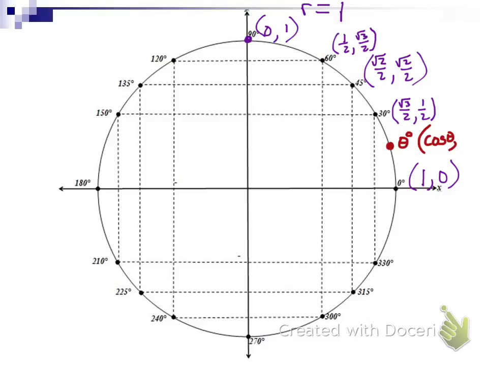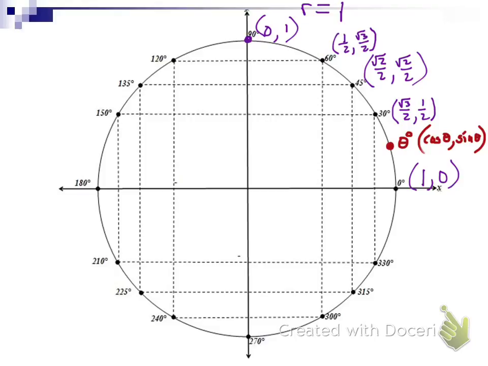The y-coordinate of that point is the sine of theta. I'm running out of room here. Cosine theta, sine theta. All right, y'all clear with that?